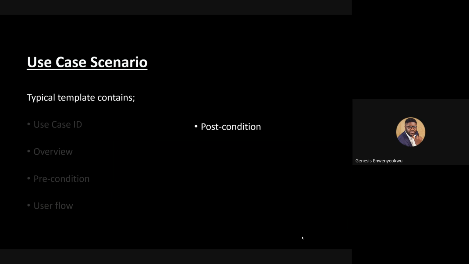So you have outlined the basic flow or the basic step. When the user completes that basic step, which is that use case, what should happen next? That is what your post condition talks about. And then we have what we call the alternative paths. Alternative paths speak to whether there is any alternative way that users can follow in completing the basic flow.